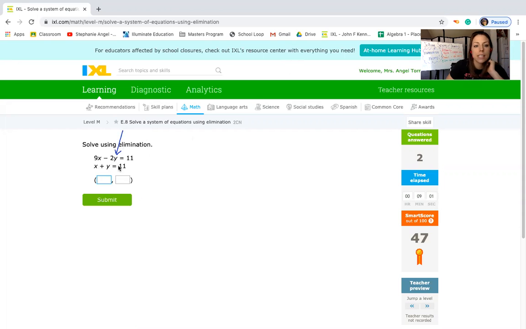Now to do that, if only I could make this bottom term a 2y. If that was a 2y, these would be opposites and I could add. Well, how do you do that? You just multiply the entire equation by 2. So here's what it ends up looking like. Your top equation is not going to change. You're still going to have 9x minus 2y equals 11.